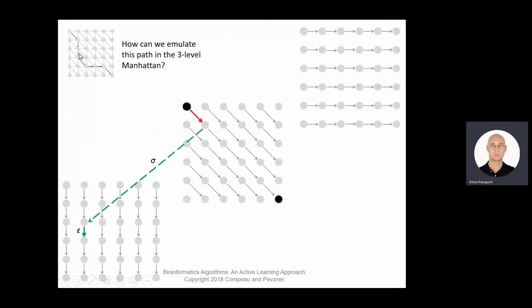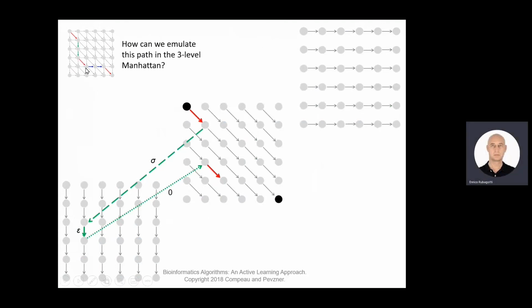I'm going to have a second vertical arc now, here. And I'm going to come back. This is a red one. That was this one.